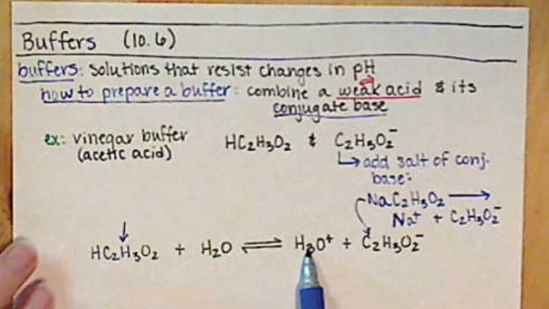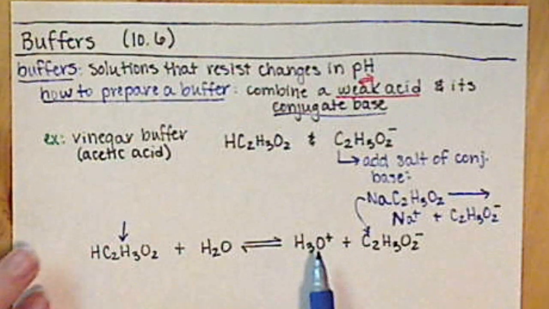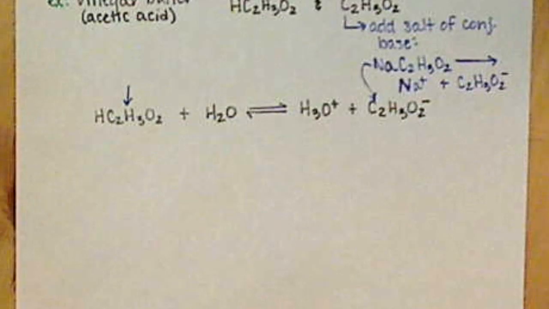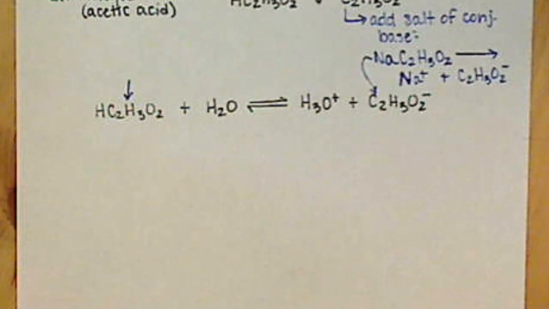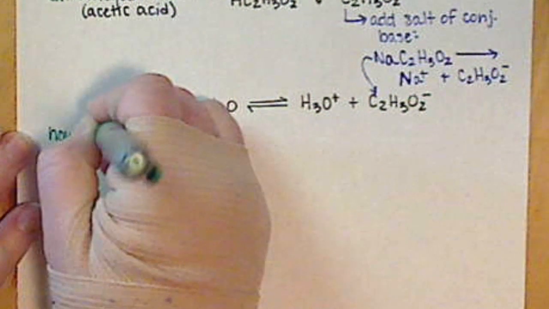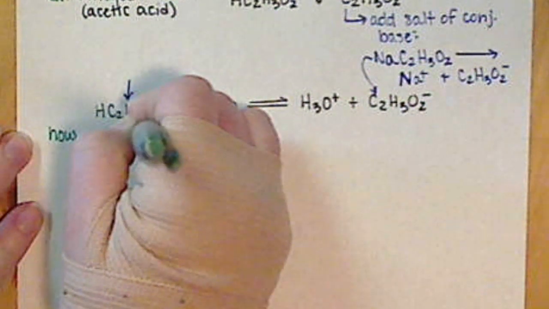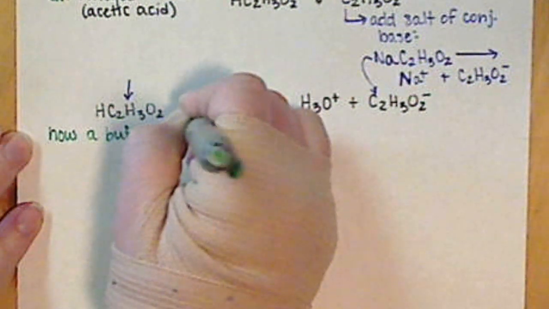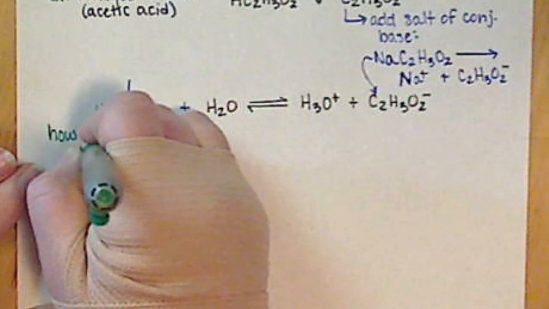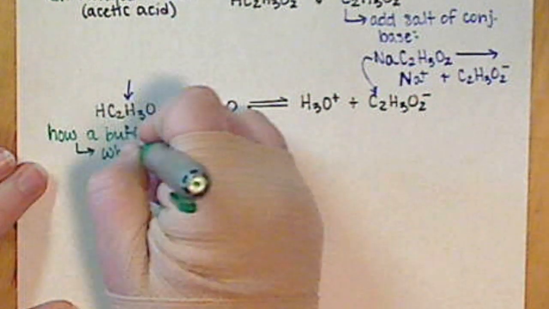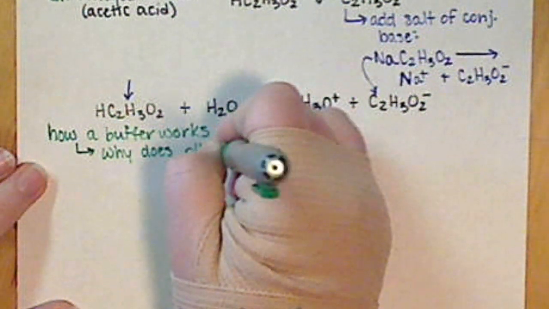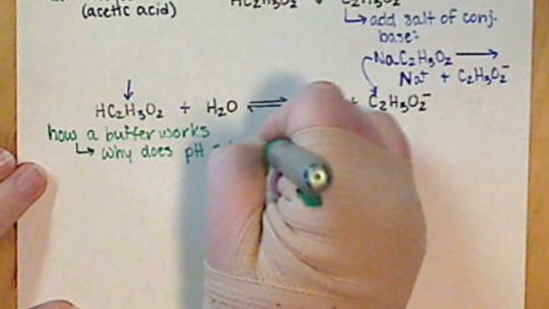What I'd like to do is discuss how this buffer works. In other words, why does pH not change?